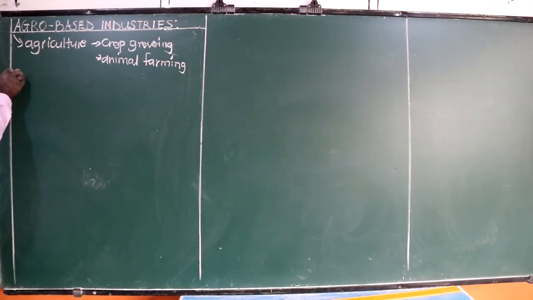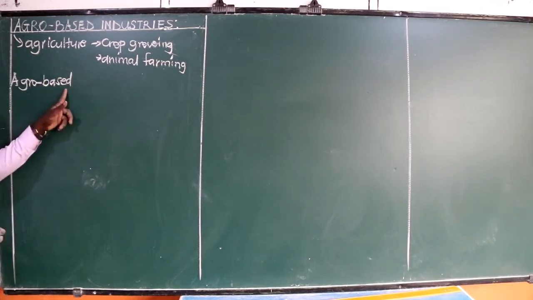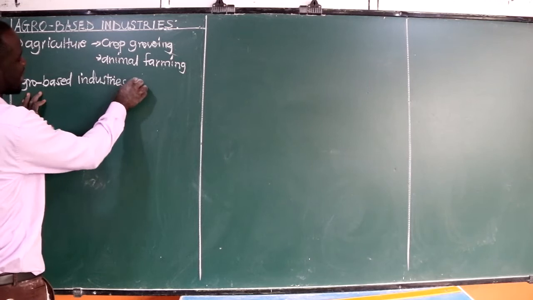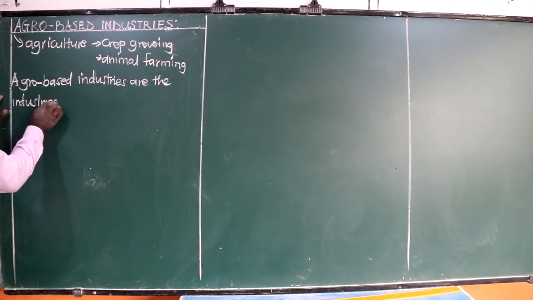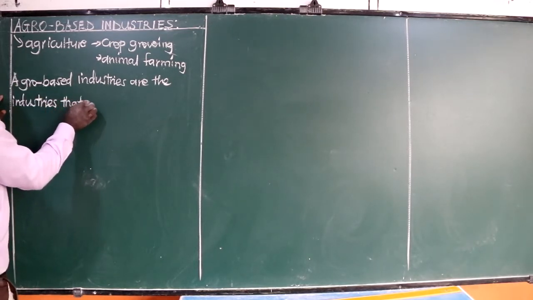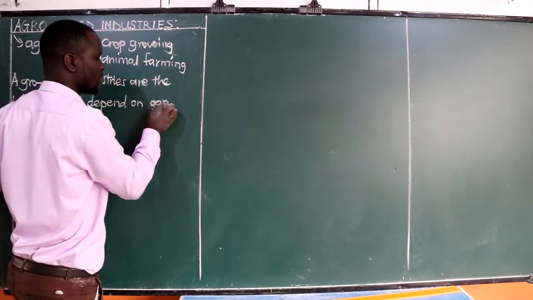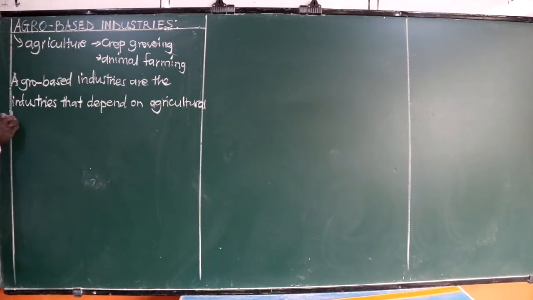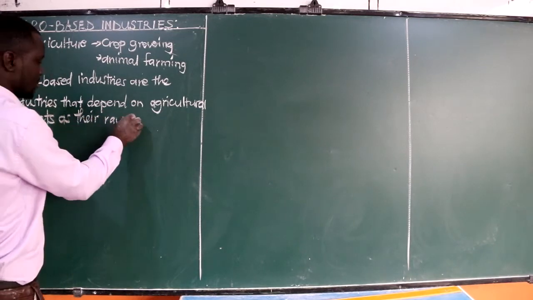So, we are going to say agro-based industries are the industries that depend on agricultural products as their raw materials.